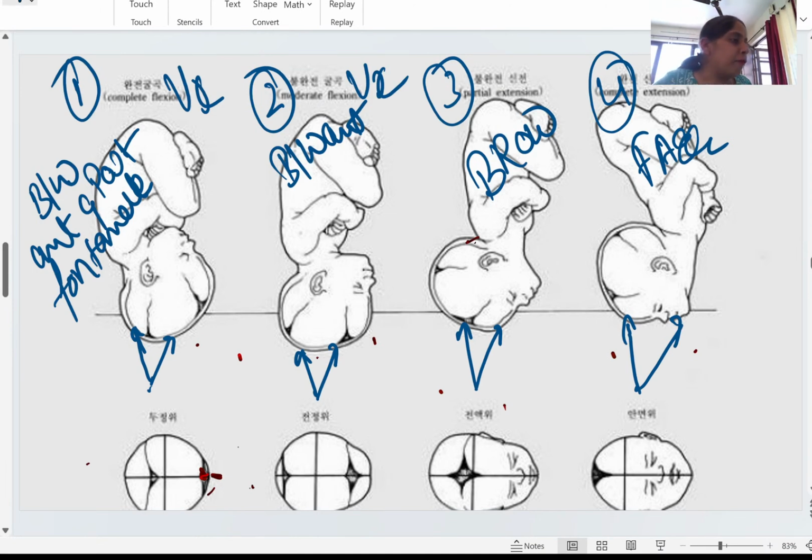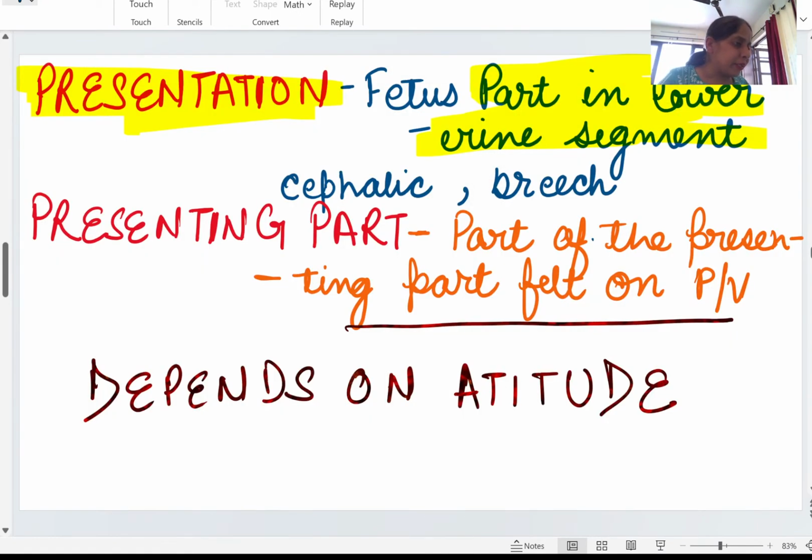Perfect. Now what decides the presenting part? Can you tell me? Attitude. The flexion angle.